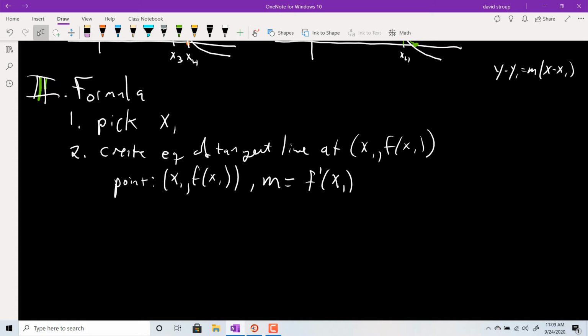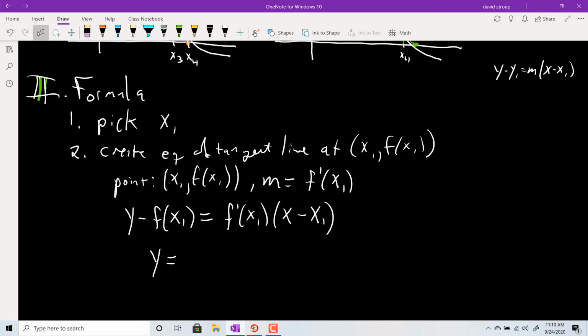Okay, that's our point-slope formula. So we plug all this into that. I'll have y minus y1, which is in this case f of x1, equals the slope f prime of x1 times x minus x1. And then I'm going to solve this for y. So I have a nice equation. y equals f of x1 plus f prime of x1 times x minus x1.